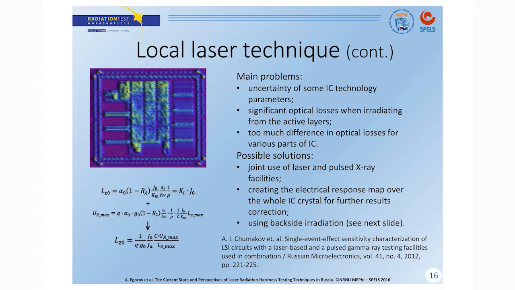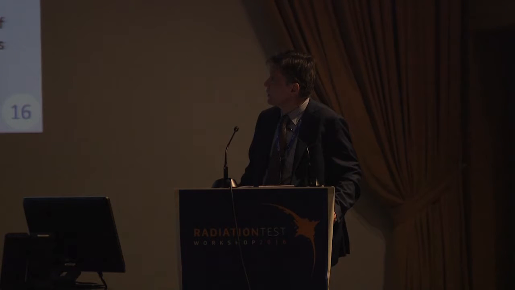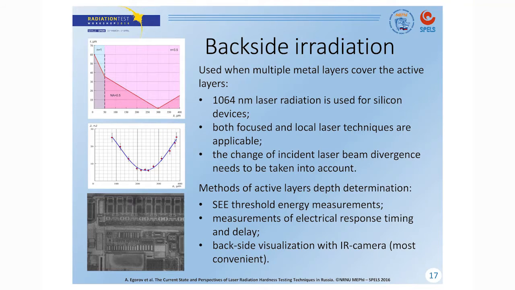To estimate optical losses, we can use joint use of laser and pulsed X-ray facility. We can create the electrical response map over the whole IC crystal for further results correction. And also we can use backside irradiation. It is used when a lot of metal layers cover the active layers of the IC.